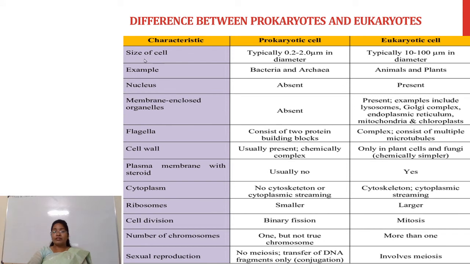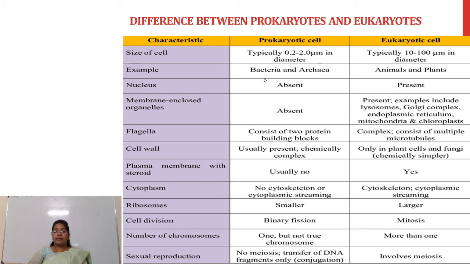So the first difference is in the size of the cell. Typically prokaryotic cells are bacterial cells. They are measured in microns and they are 0.2 to 2 micrometer in diameter, whereas a typical eukaryotic cell is 10 to 100 micrometer in diameter.